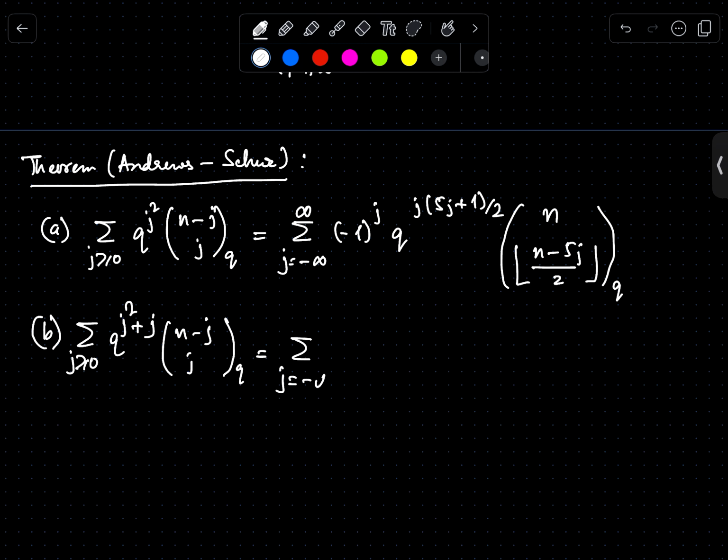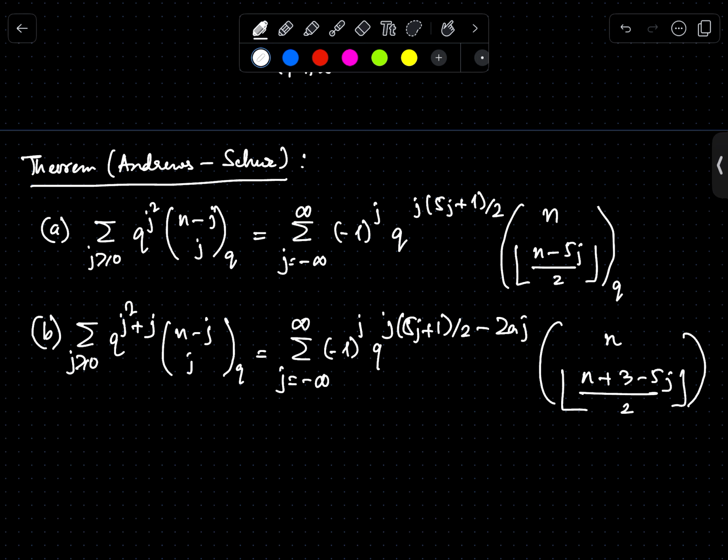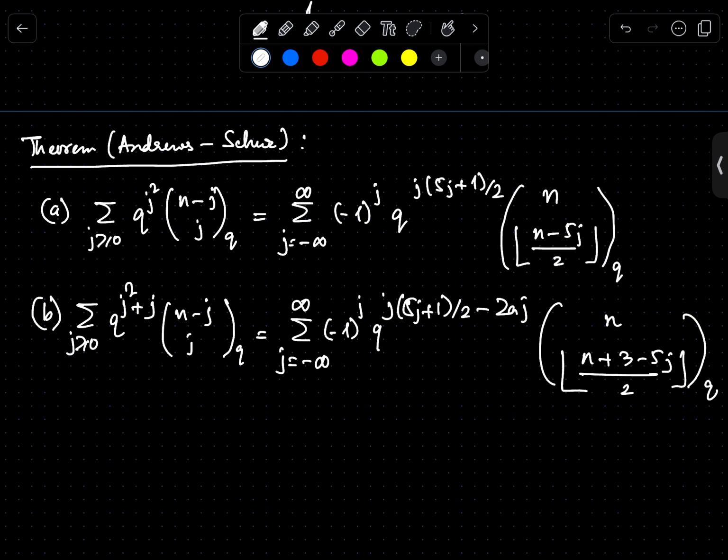First, we'll see how these two identities actually give the two Rogers-Ramanujan identities. Okay, and it's quite easy to notice this. These are finite versions of the Rogers-Ramanujan identity.